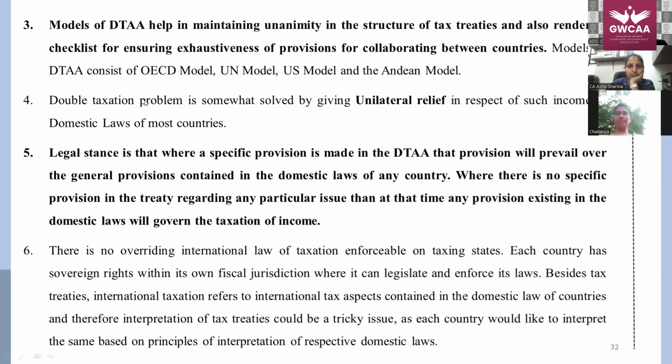Without treaties, the concept of cross-border transactions or international taxation cannot exist. Even the judicial world has said that treaties have importance, and without treaties, they cannot give proper justice to taxpayers. There are various rulings on treaties.